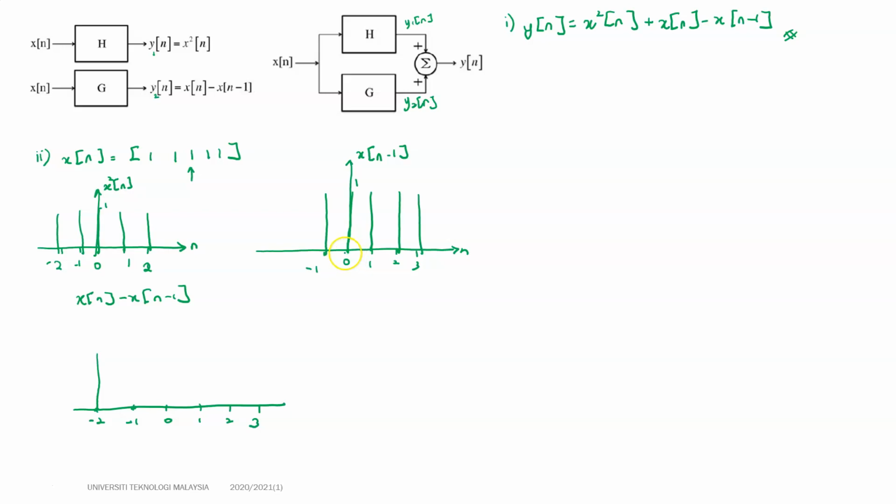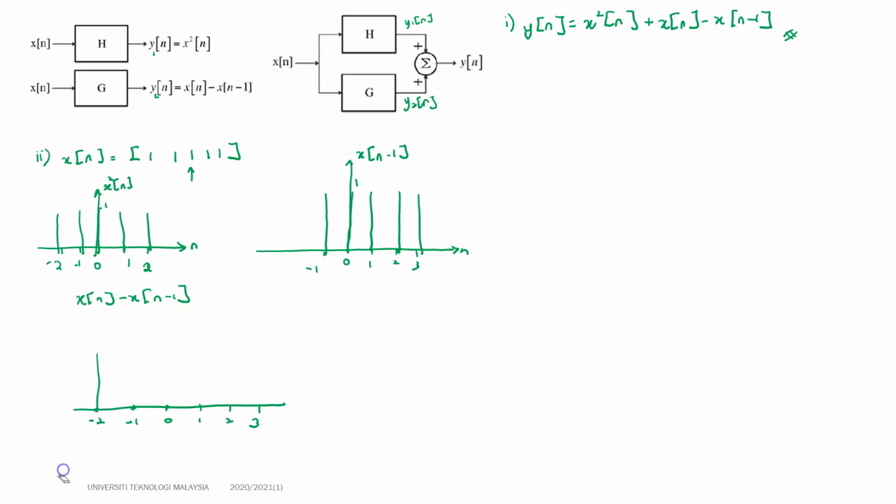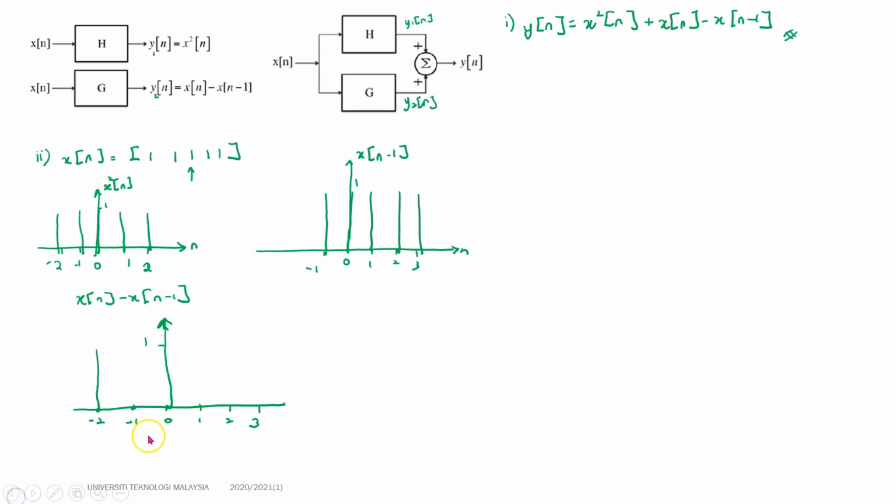Sorry, this is the y-axis. 1 minus 1 is 0 at n equal to 2, and then at n equal to 3, 0 minus 1 is -1. So at 3, there is a value of -1 here. This y-axis is xn minus xn minus 1.